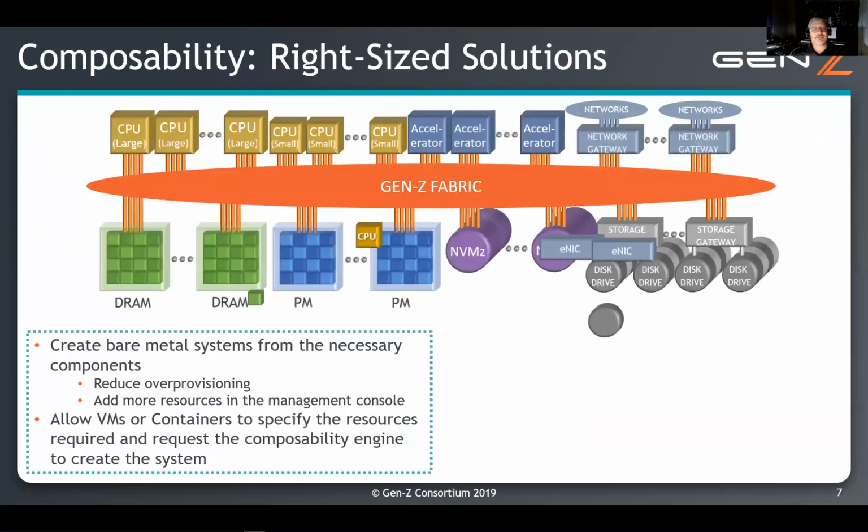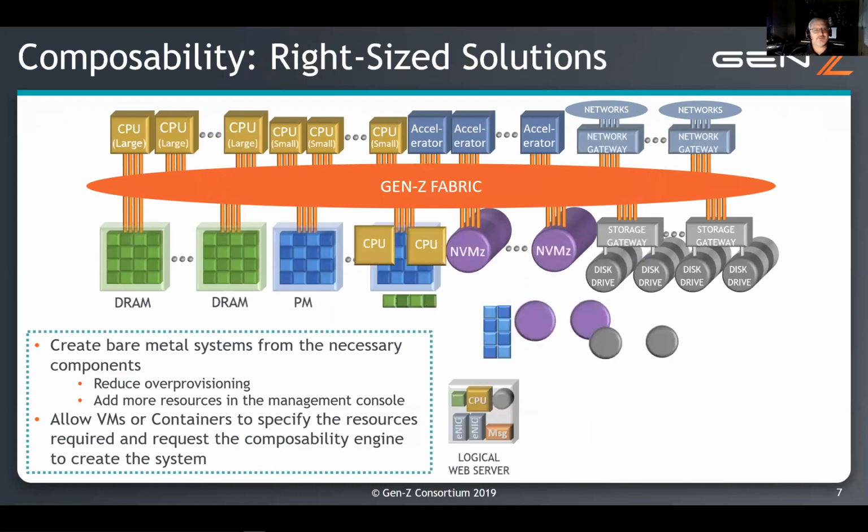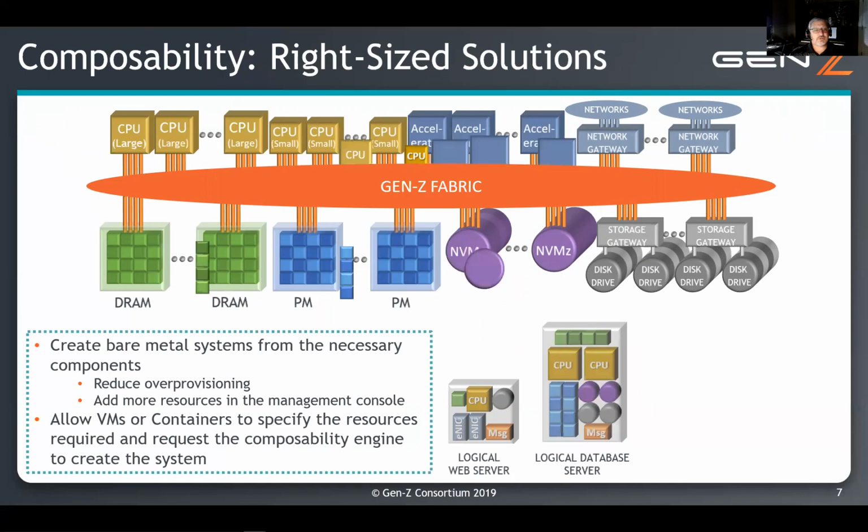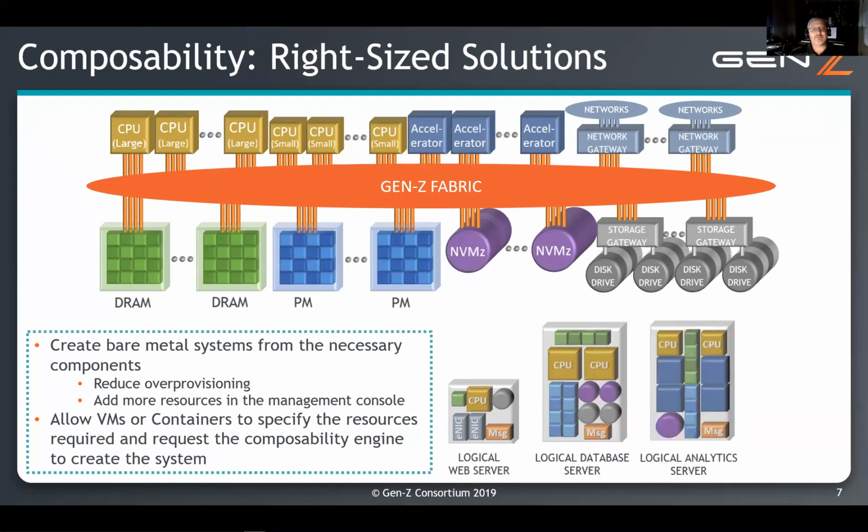So as we look at this slide, it's showing the composability where I can take CPUs, accelerators, networks, different types of memory, different types of storage, and combine them together to make bare metal servers depending on what I'm doing.